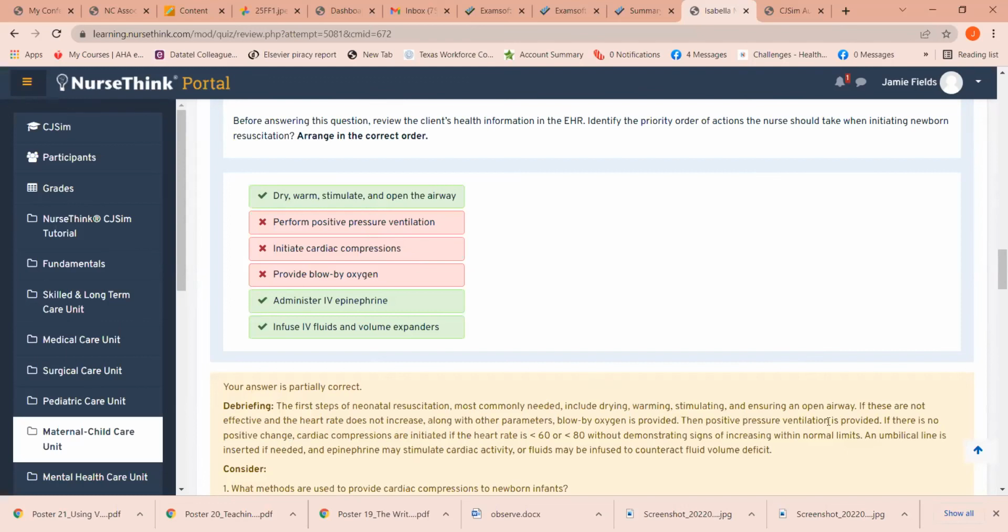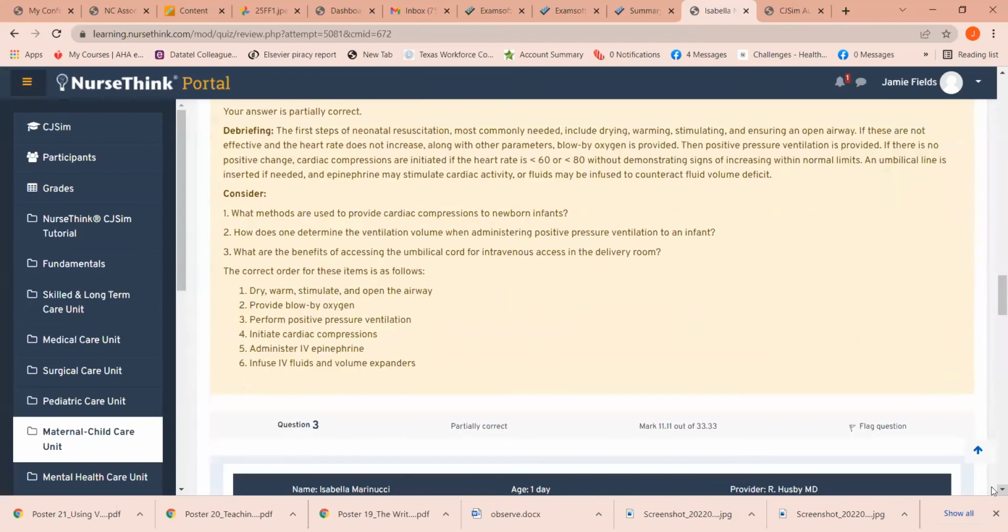Then positive pressure ventilation, then cardiac compressions if the heart rate's less than 60, or less than 80 if it's not increasing. Then an umbilical line, epinephrine, IV fluid. So you had everything in order except this blow-by oxygen should have been up here before we start ventilating. Okay, here's the one we really need to look at.